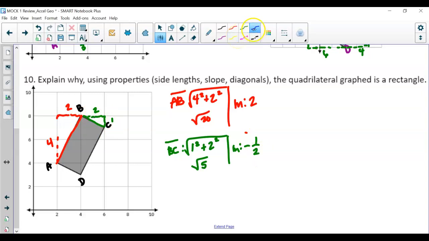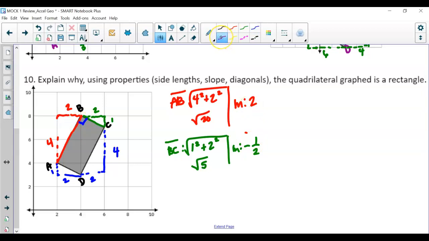Then as you continue, you will see that this again is also 4, because that's 2 here and then 1 and 1 more. So 4 and 2 and 1 and 2. So opposite sides are congruent, not all sides. And we have 90 degrees. Yes, because you have the negative reciprocal slope.